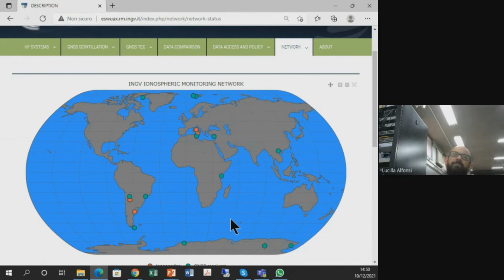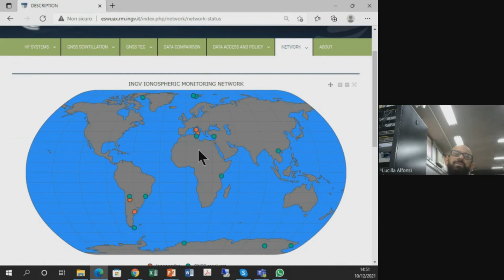In these two weeks here in Argentina, we installed two different GNSS receivers, one in Ushuaia last week and one in Tucumán a couple of days ago. So they are the last entries in our database. And we have an ionosonde in Tucumán and one in Bahía Blanca, so two ionosondes in Argentina.